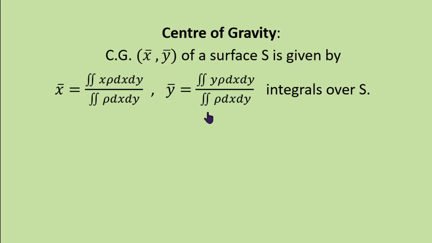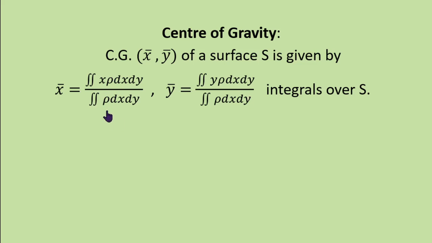To remember this formula in polar form, put x is r cos theta, dx dy is r dr d theta. So x bar is double integral r into r square cos theta... that is, r cos theta into rho into r dr d theta. In the denominator, double integral rho r dr d theta. Here y is r sin theta, therefore r square sin theta rho dr d theta double integral divided by double integral of rho into r dr d theta, that is y bar.